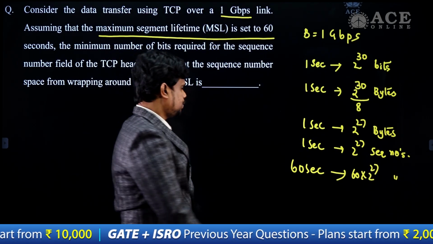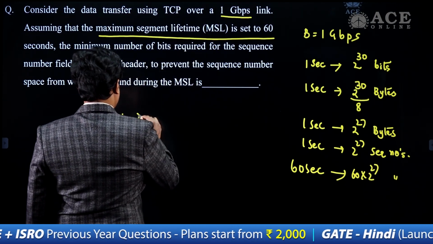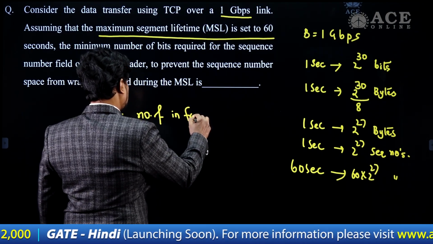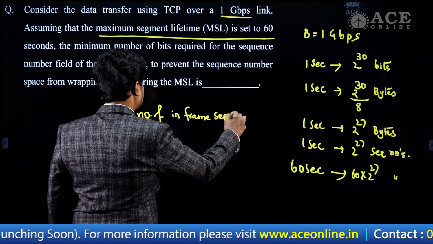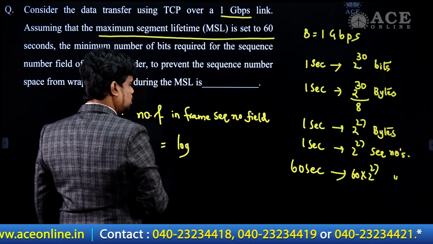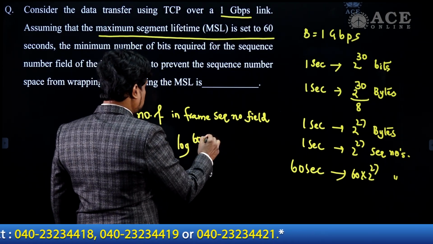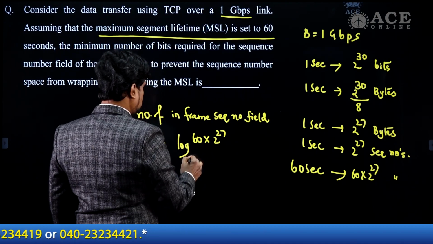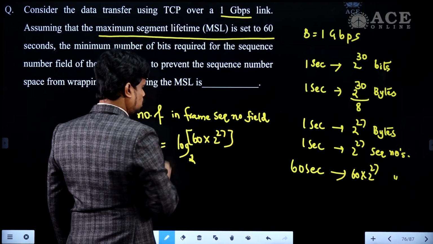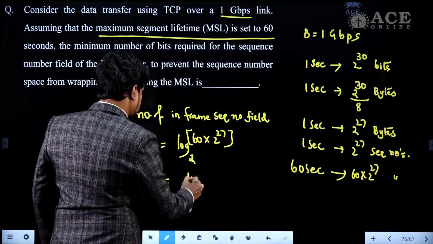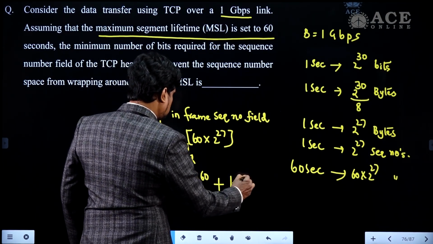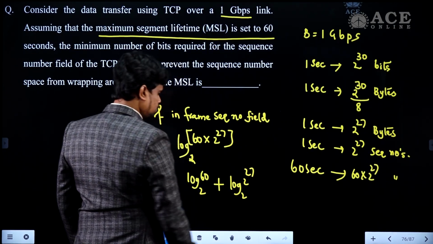Okay. Therefore the number of bits in the sequence number field is equal to log of 60 into 2 to the power of 27, base 2. This I can write as log of 60 base 2 plus log of 2 to the power of 27 base 2.